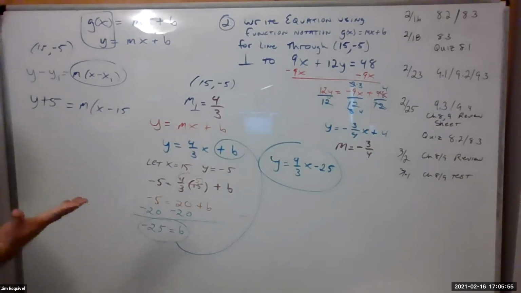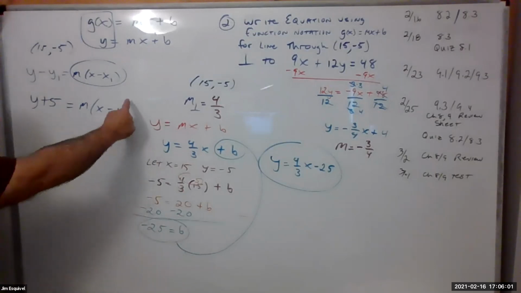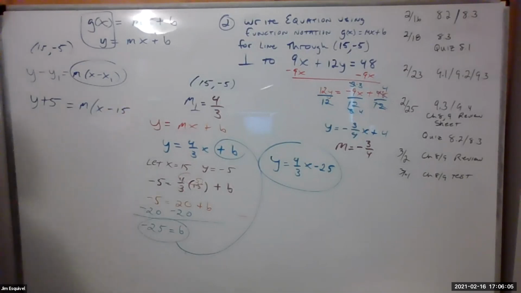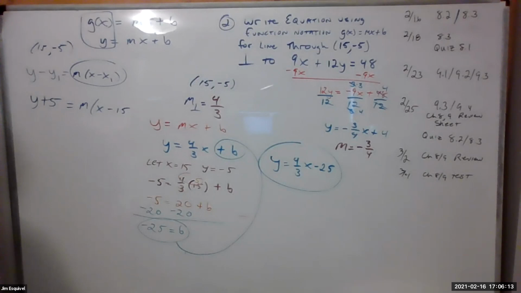Now, for some reason, multiple students wrote exactly the same thing out and left off this parenthesis right here. Now, why would so many students leave off this parenthesis right here?